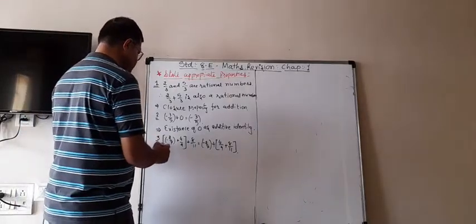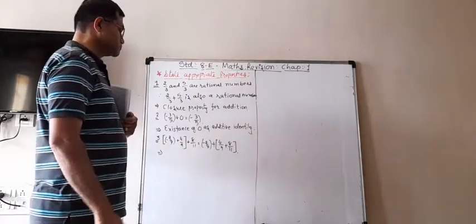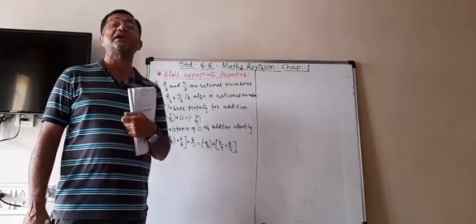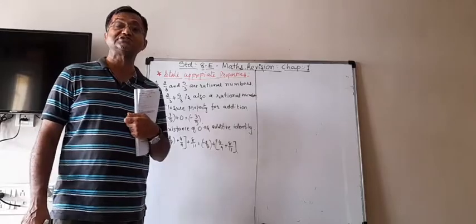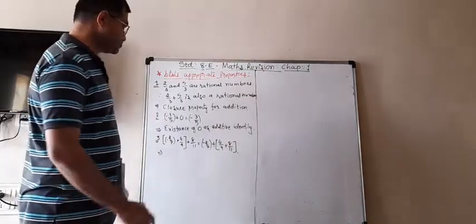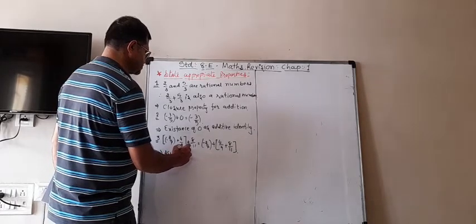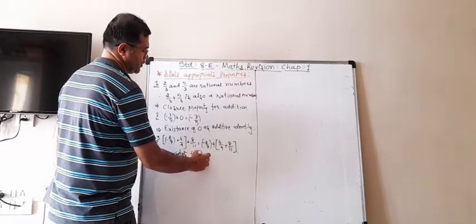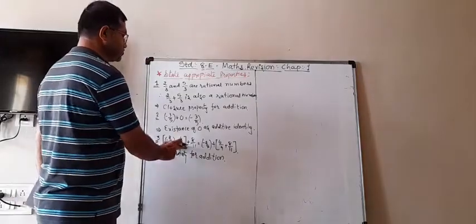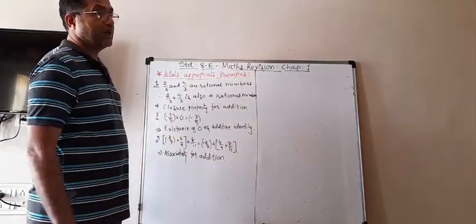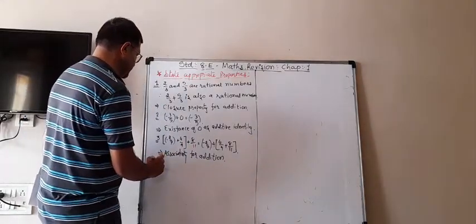So here you can see that three rational numbers can be added by making any desired groups. That is the associative property for addition, associativity for addition. We can make a group of the first two numbers or the last two numbers. Anyway, the answer will be the same. So that is the property associativity.